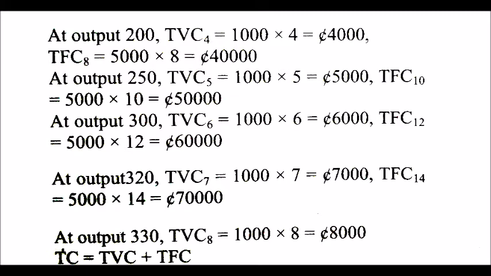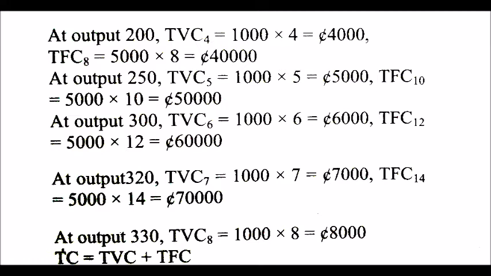Then at output 300, TVC 6 is equal to 1,000 times 6, which is equal to 6,000. At output 320, TVC 7 is equal to 1,000 times 7, which is equal to 7,000. And TFC 14 is equal to 5,000 times 14, which is 70,000.